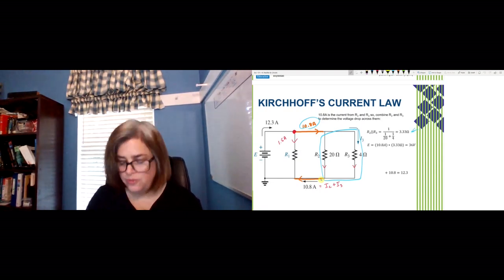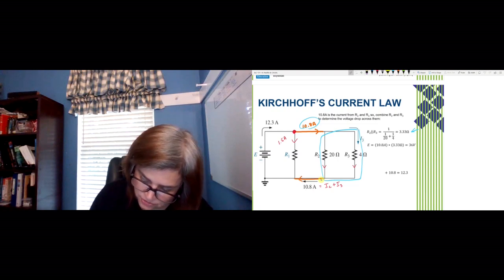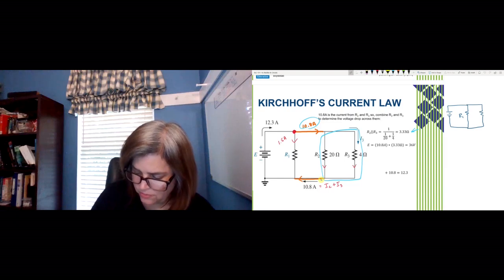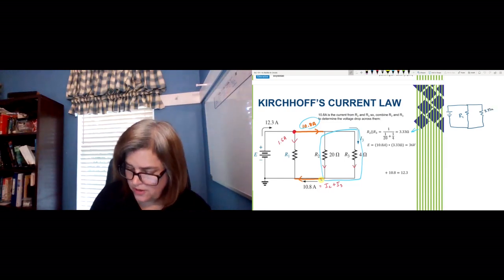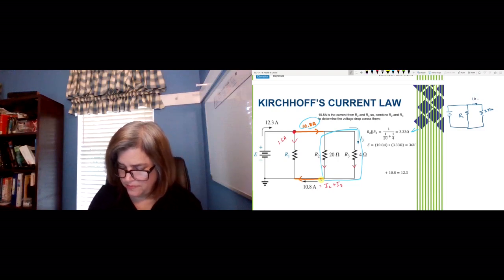We've combined just the 20 and the 4. And so if I were to redraw my circuit, I'll do that really quick over here, and I have that unknown R1 right here, then this would be my 3.33 ohm resistance over here that would have the 10.8 amps through it.